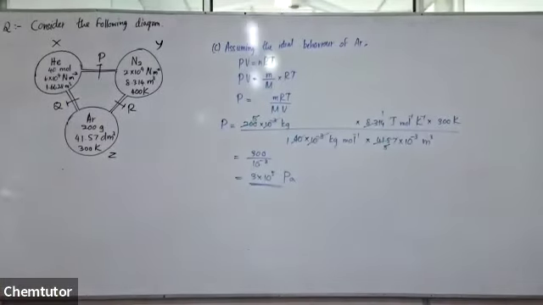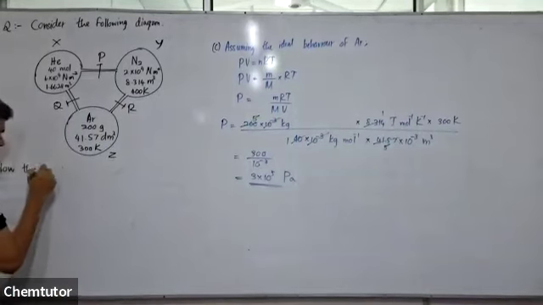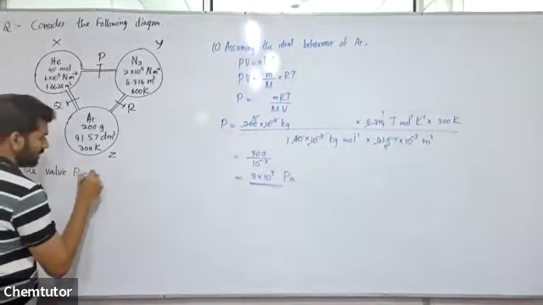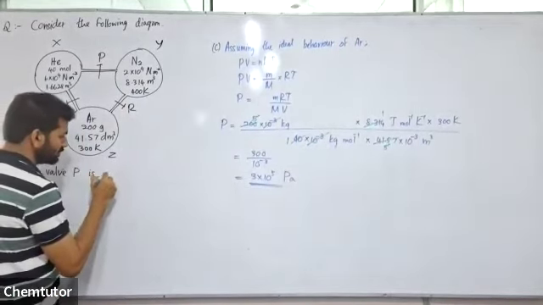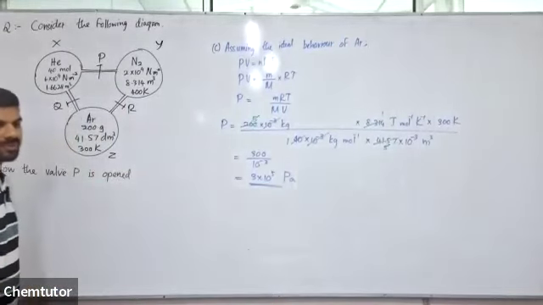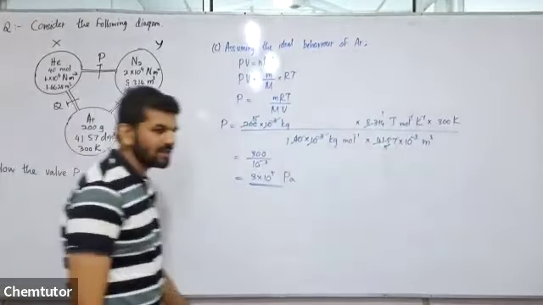Right. So you can write down the next part of the question. Now the valve P is open without changing the temperatures inside the bulbs.